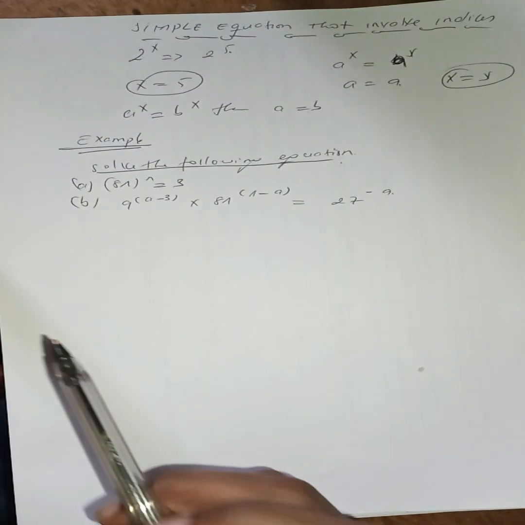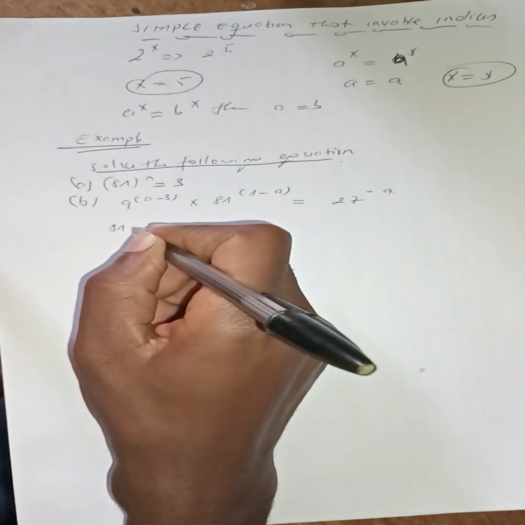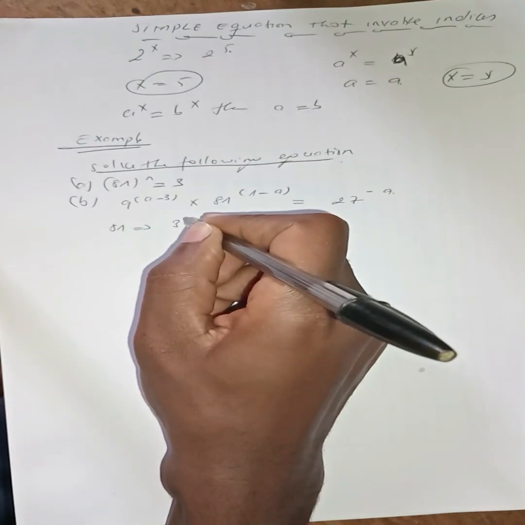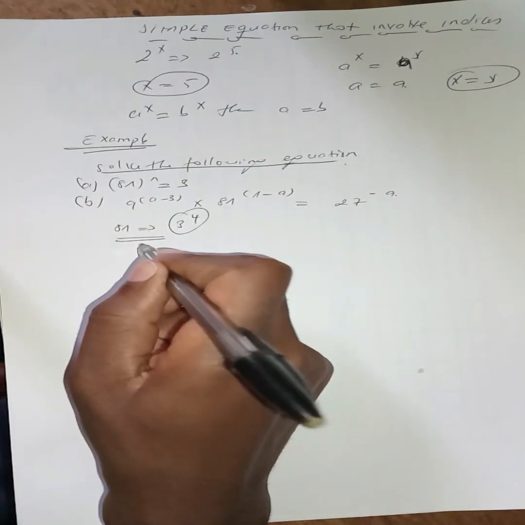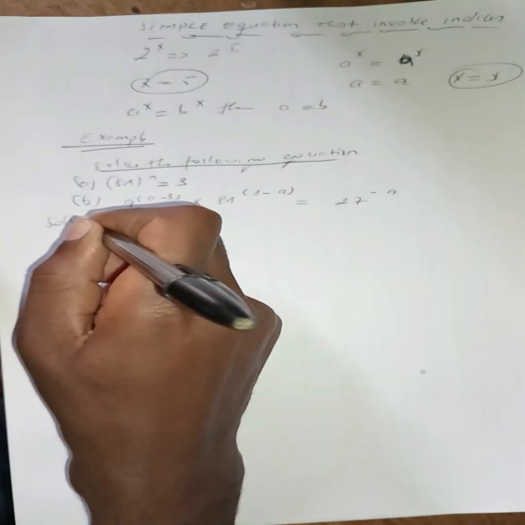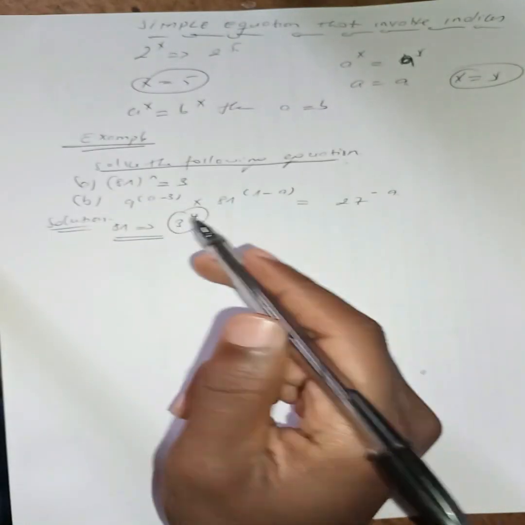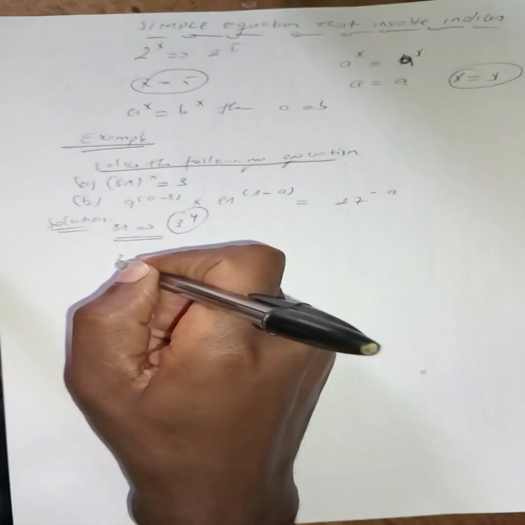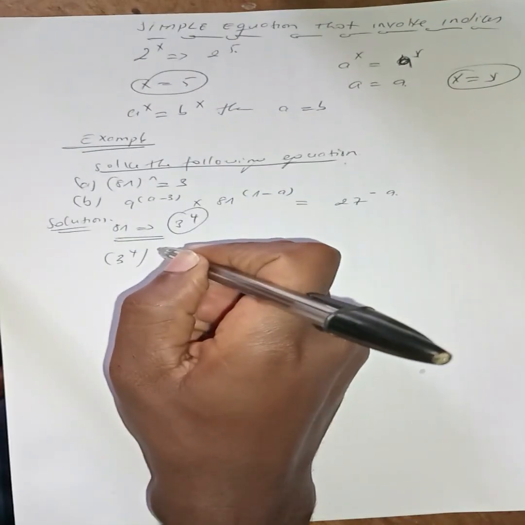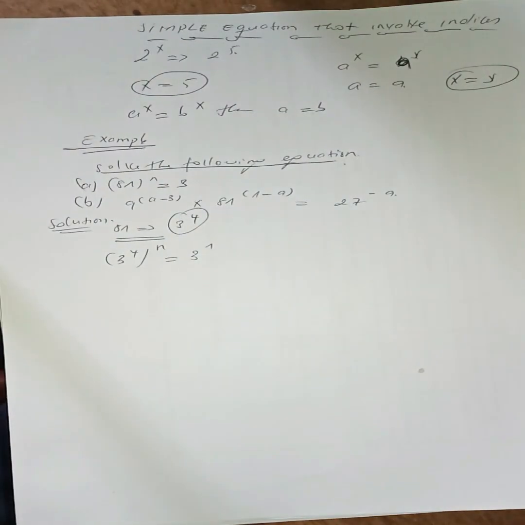So this will give us 3 power 4, then power n, is equal to 3 power 1, okay?